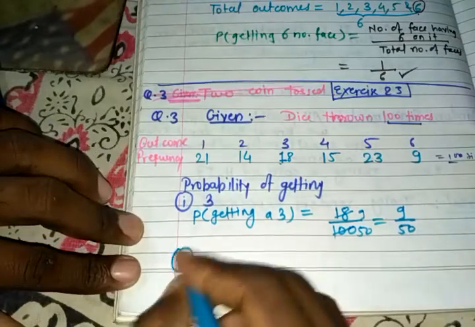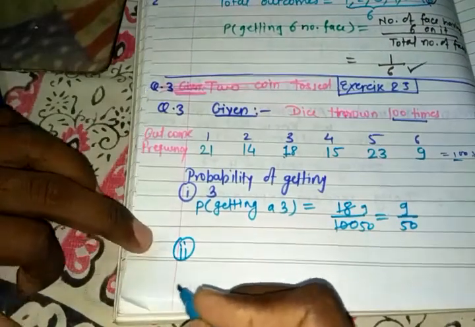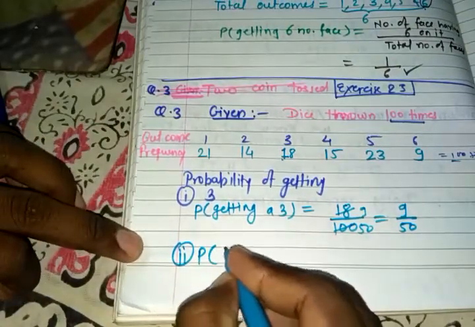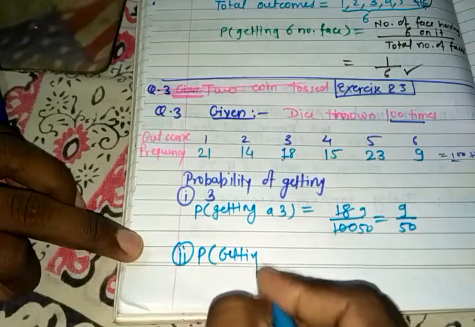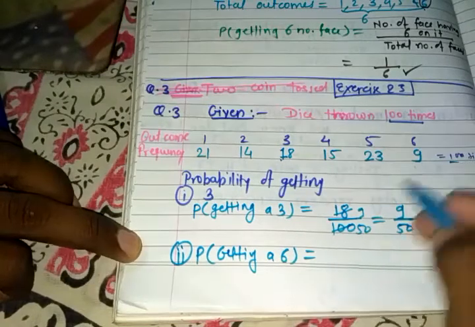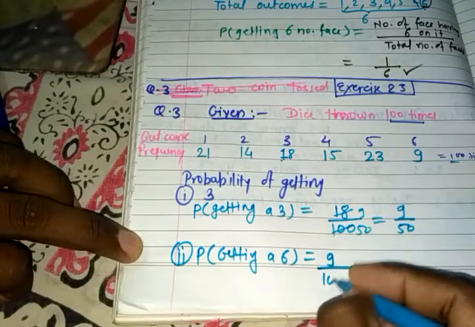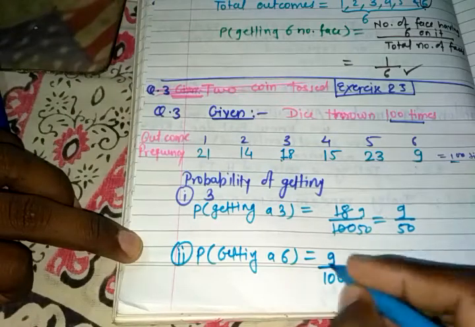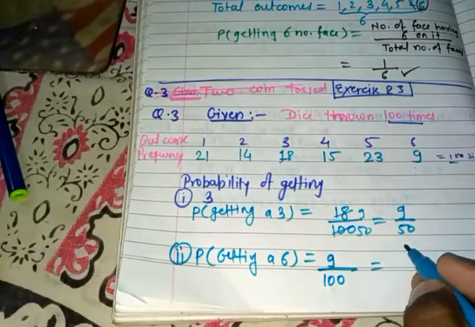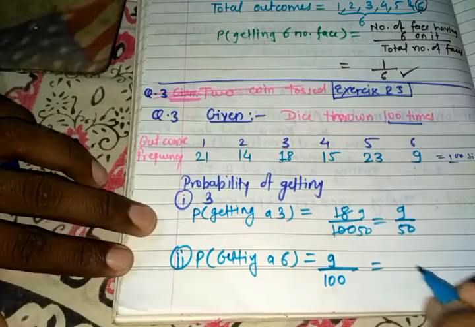In the second part of question number 3, they are asking the probability of getting a 6. How many times does 6 come? 9 times out of 100, right? So 9 by 100 is the probability of getting 6.